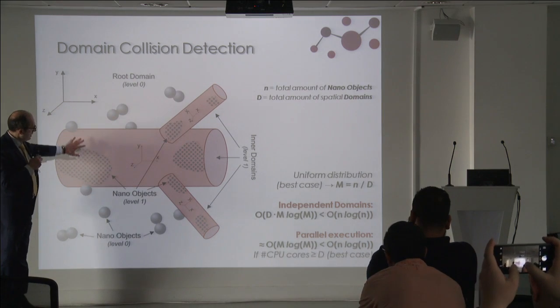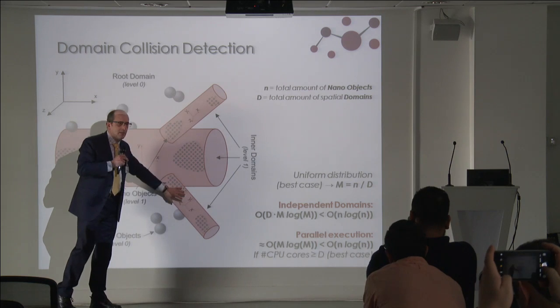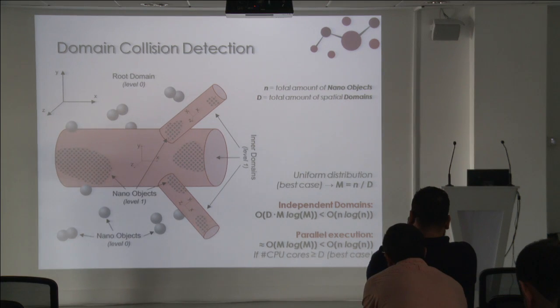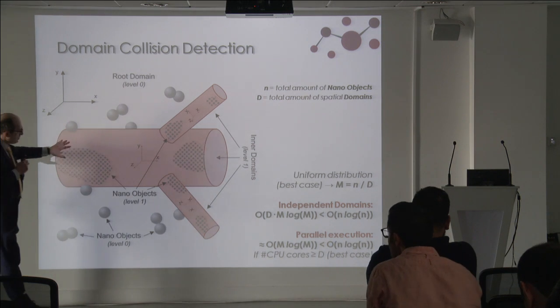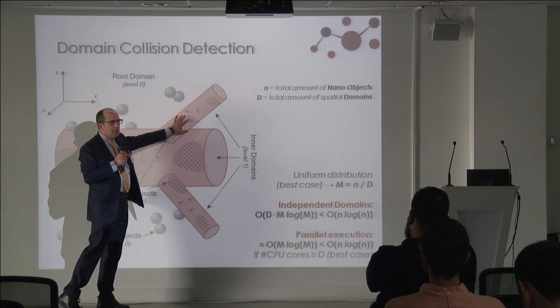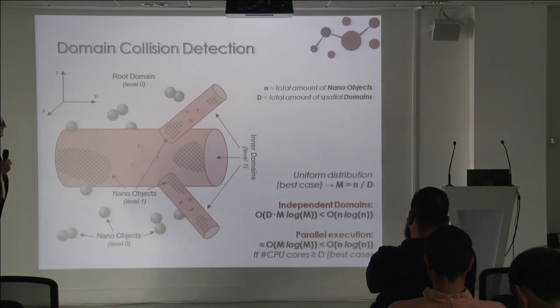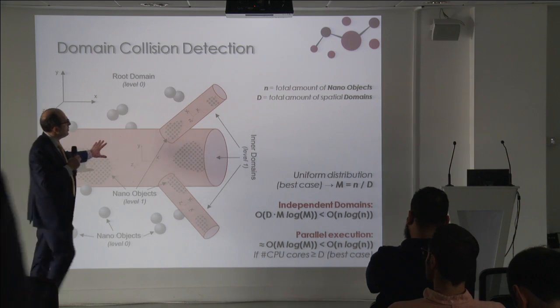So we have one domain, another one, and another one. They can be simulated independently of each other. If we have a good computing machine, we can implement different domains by using different computing cores and proceed in parallel so as to accelerate the overall simulation.